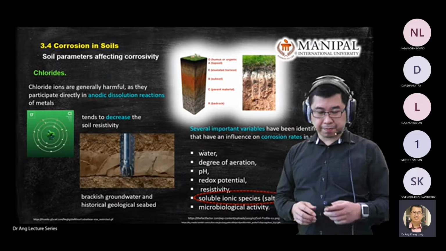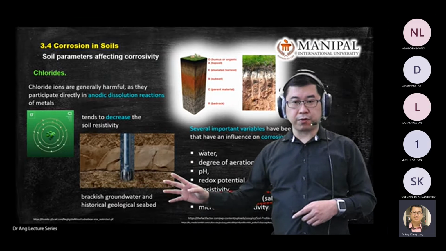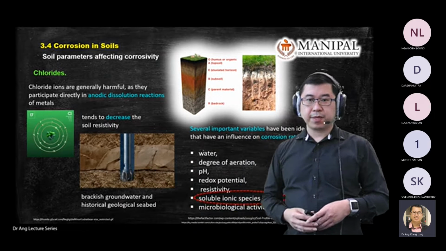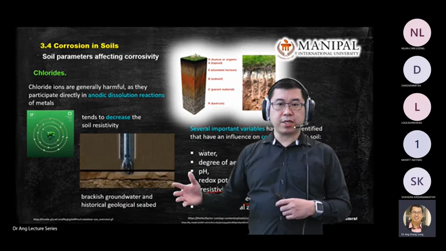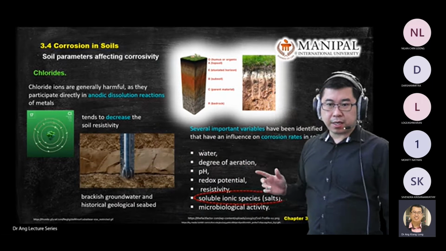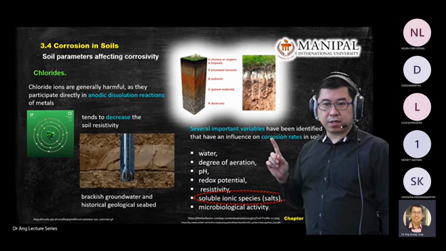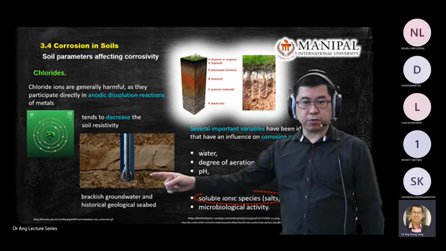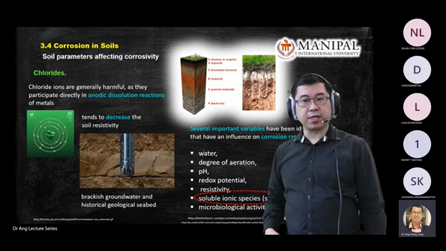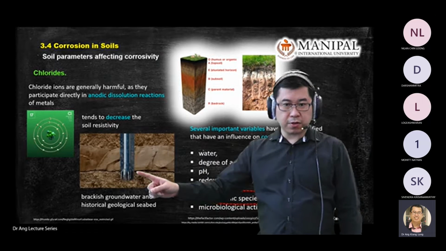If you are involved in oil and gas, sometimes you need to consider the ionic species for the corrosion, because you need to protect your drill head and do maintenance for it.